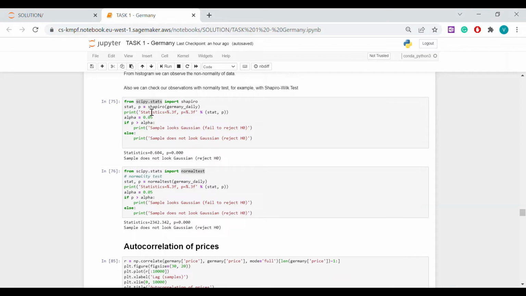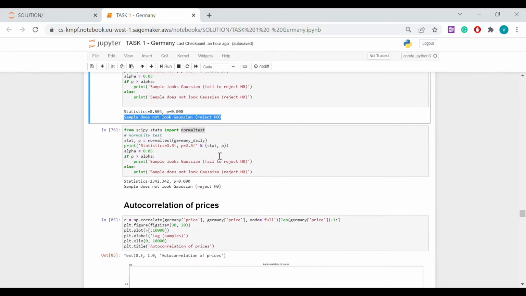So we use the function shapiro from the scipy.stats library for our German daily data, and we see that our sample does not look Gaussian. And also we can check the same with the normaltest function from the same library, which is based on D'Agostino and Pearson's tests.